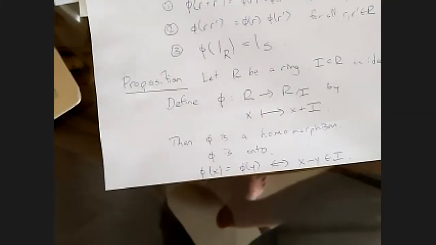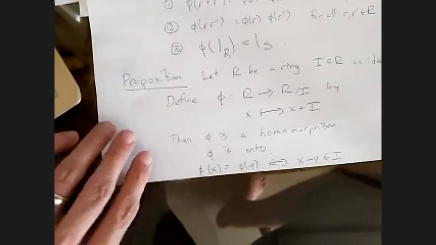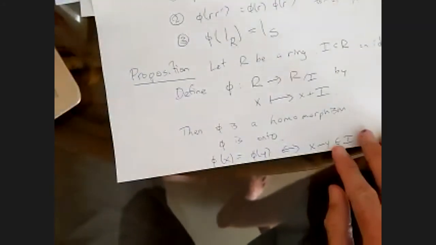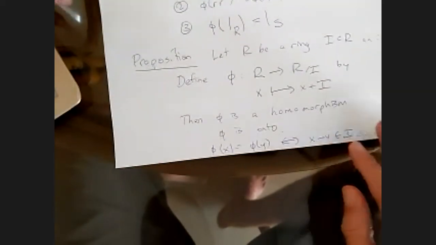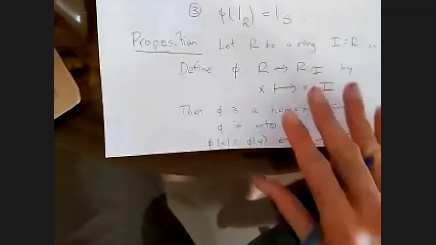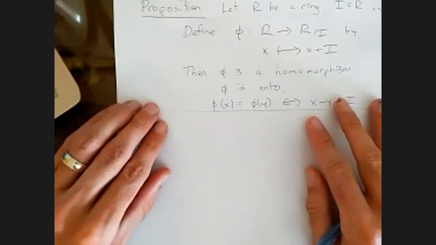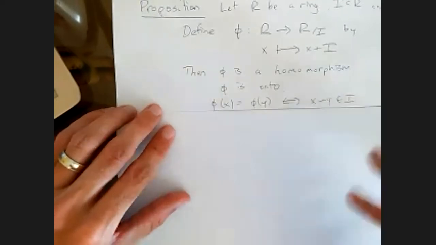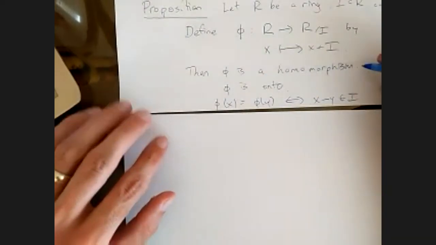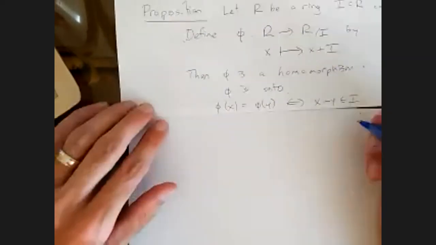Okay, so what this tells you is that if you have an ideal, you get a homomorphism. Let's check that we get a homomorphism.